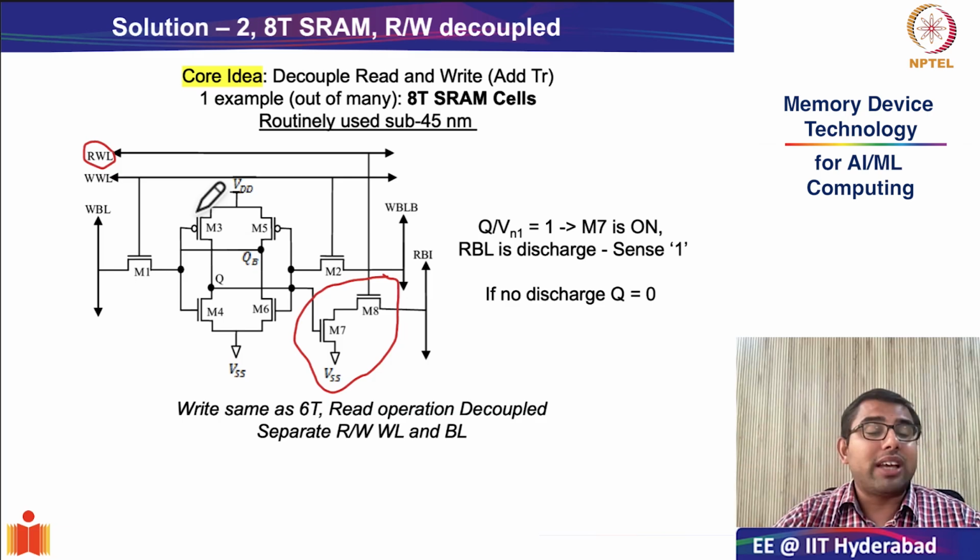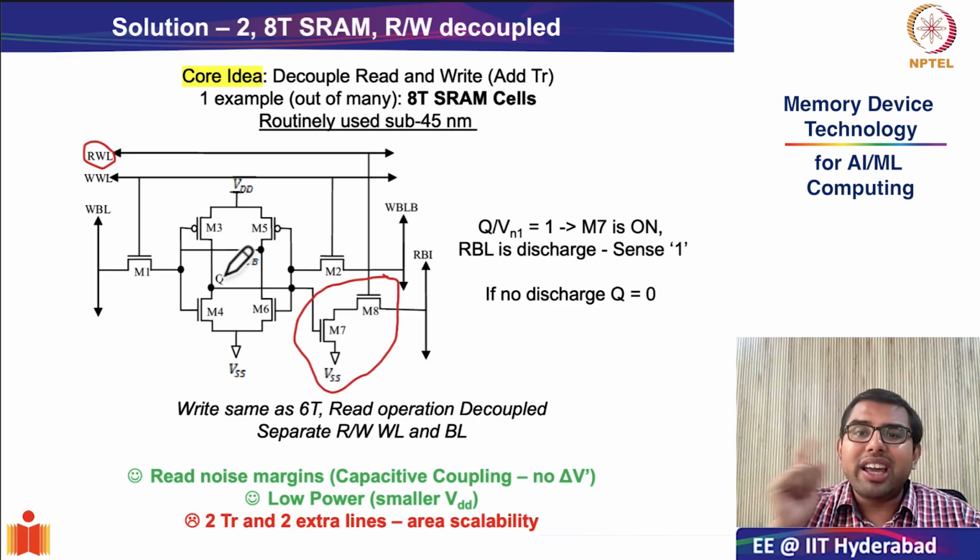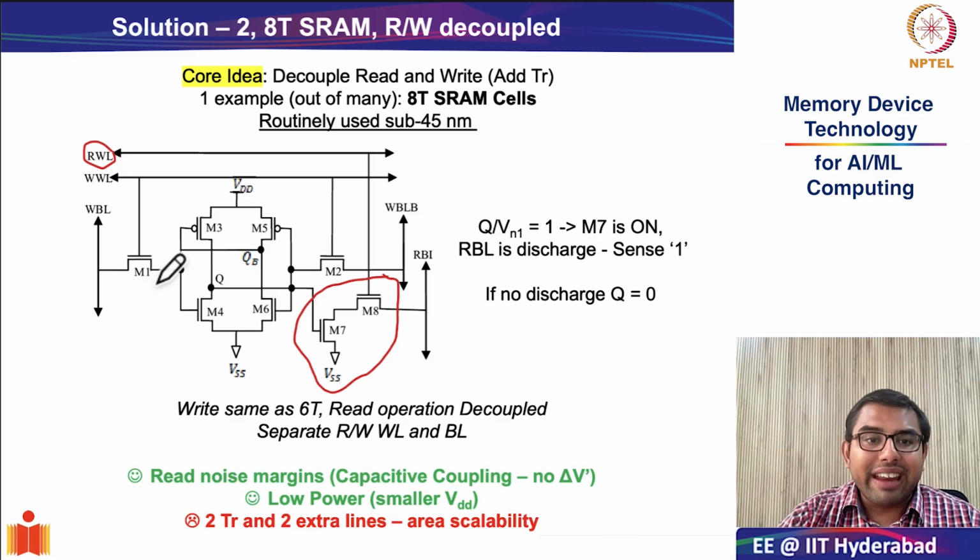So the answer to my question, why read was completely decoupled, is that in the earlier read operation, there was a read current flowing through M1 and M4, like we have been discussing several times.